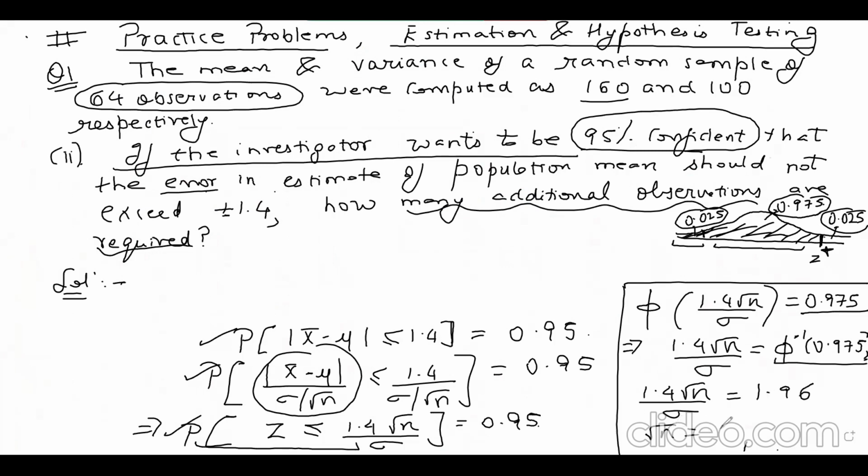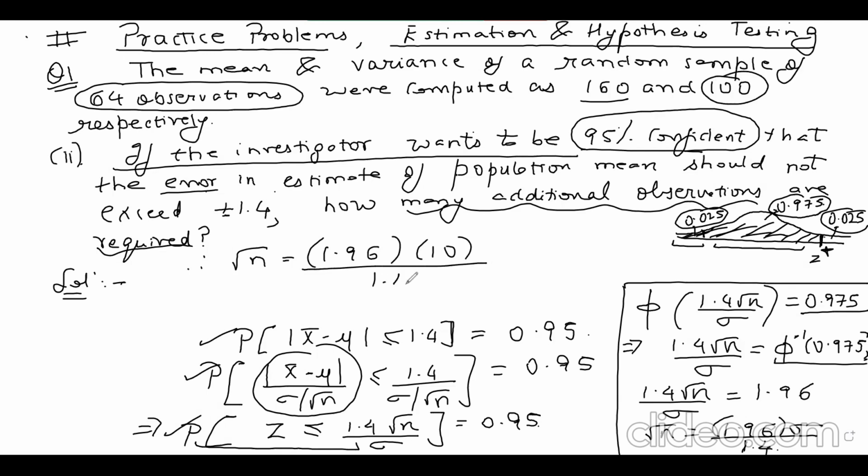So root n is 1.96 into sigma divided by 1.4. Sigma is 10 because variance was 100. So root n is 1.96 multiplied by 10 divided by 1.4, which comes out as 14.